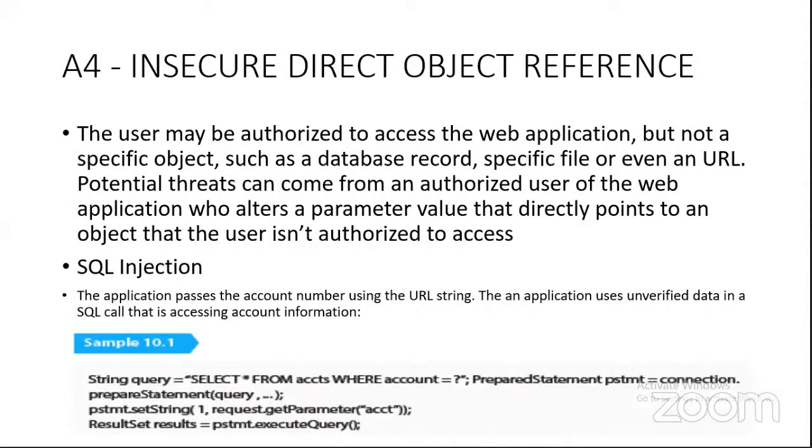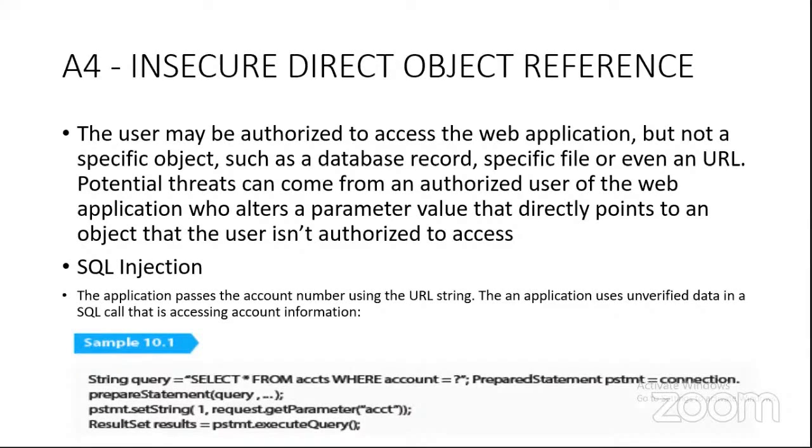Then the next one is a little bit similar to SQL injection, and it's called insecure direct object reference. Okay. So now the user may be authorized to access the web application, maybe get a little bit of his information, right? But let's say he alters a parameter value that then lets him access something that he's not allowed to access.